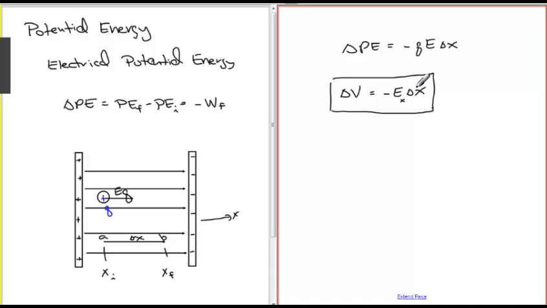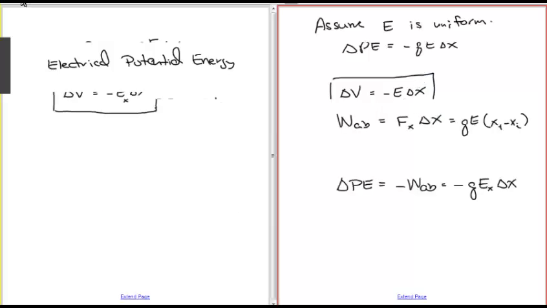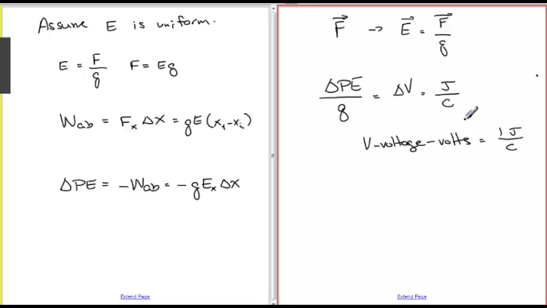Now, another thing about the units. Potential energy is joules, and voltage is joules per coulomb.